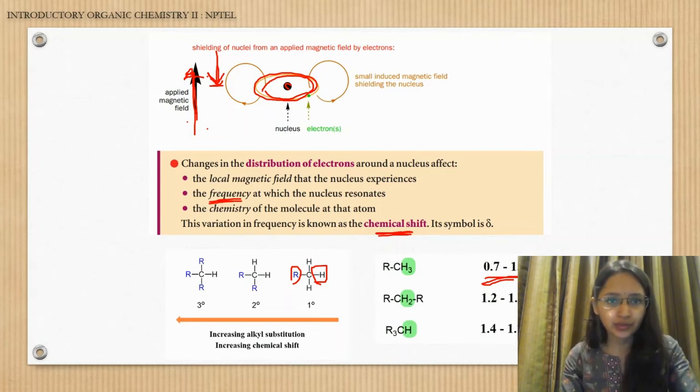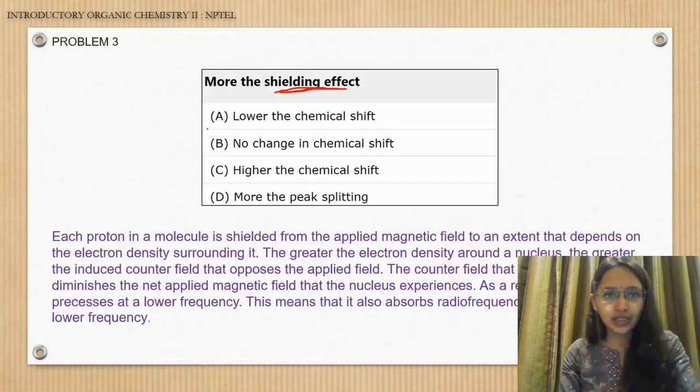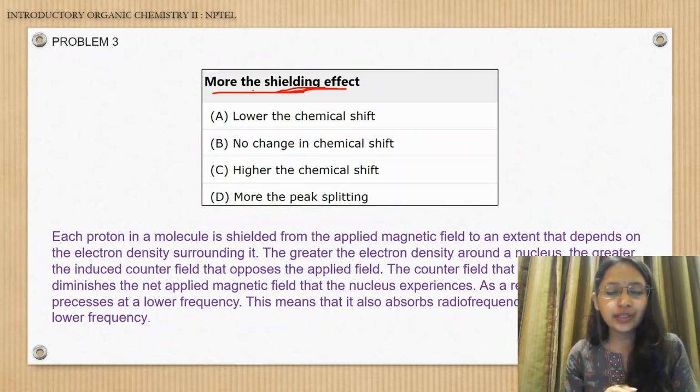Okay. So, coming to the question now, more the shielding effect, then what will happen? The shielding effect is high, that is, the electron density at the particular nucleus is high. So the electron density is high, then it will shield the applied magnetic field more. So now our nucleus is going to resonate at a lower frequency. If you are providing a certain frequency, it will show up in 1H NMR.